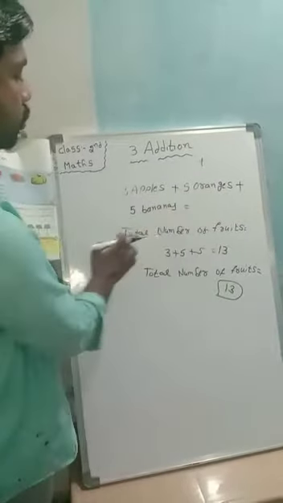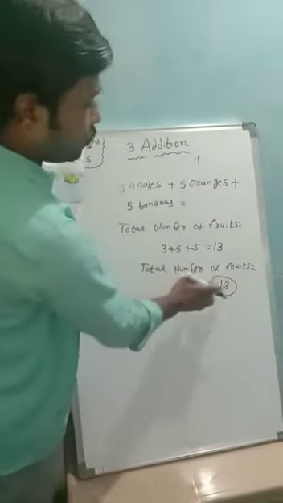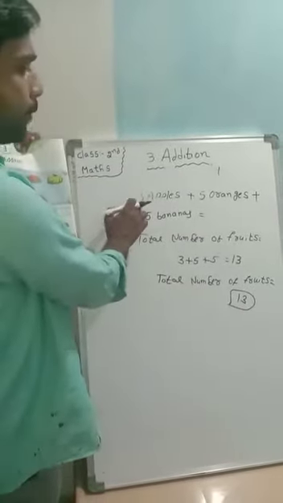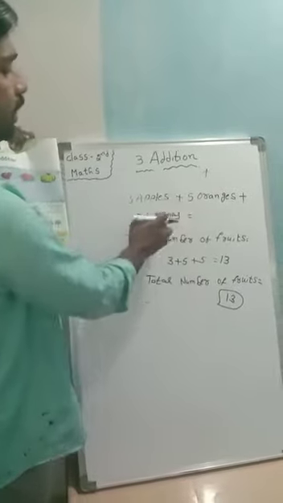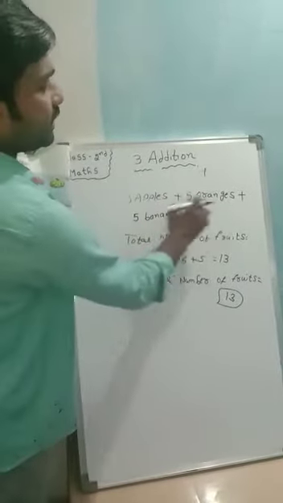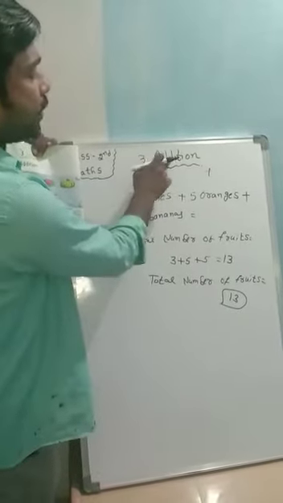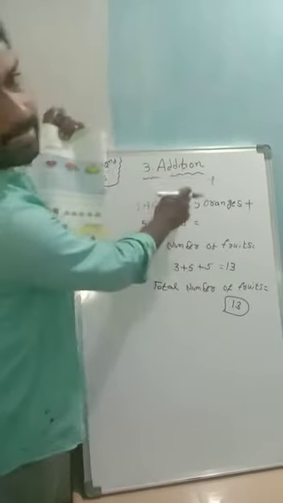So total 3 plus 5 is 8, 8 plus 5 is 13. Therefore total number of fruits is equal to 13. So here we are doing 3 apples, oranges, bananas. The symbol plus is nothing but addition. All fruits we add. Add means addition.